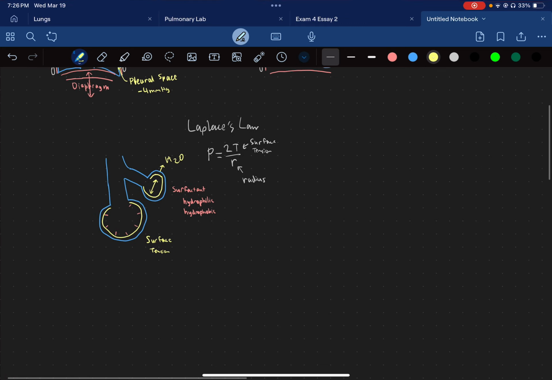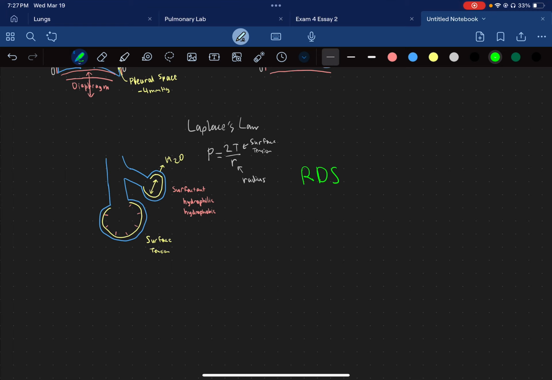One example of this is called infant respiratory distress syndrome, RDS. And what happens during RDS is babies who are born too early may not have produced enough surfactant yet to be able to breathe without their alveoli collapsing.